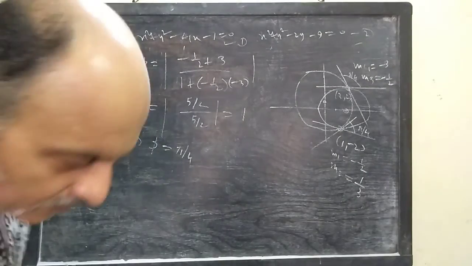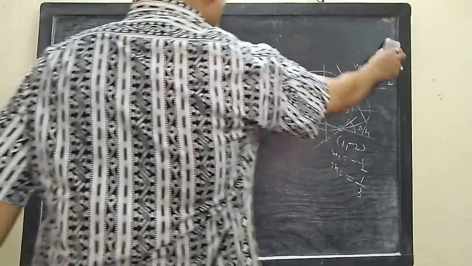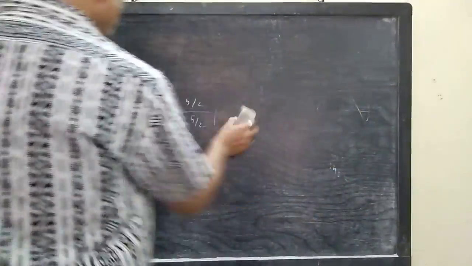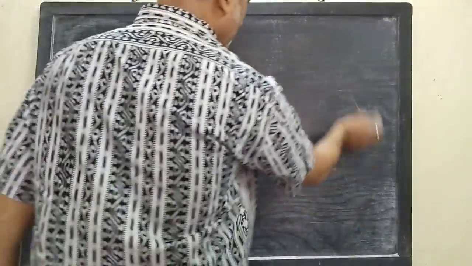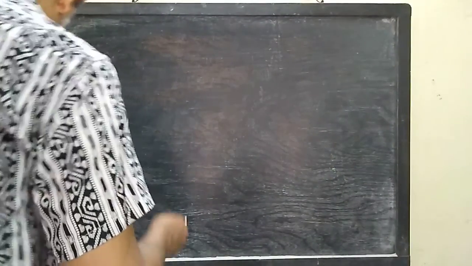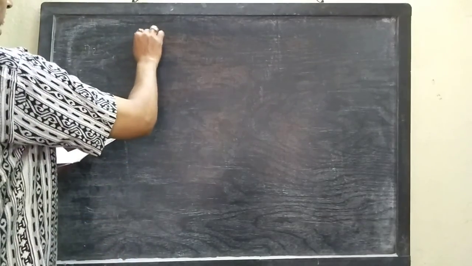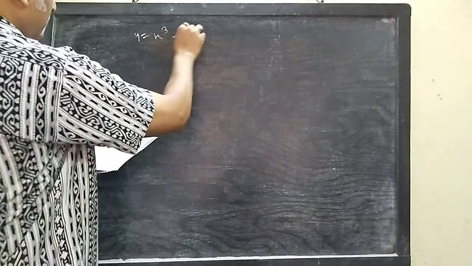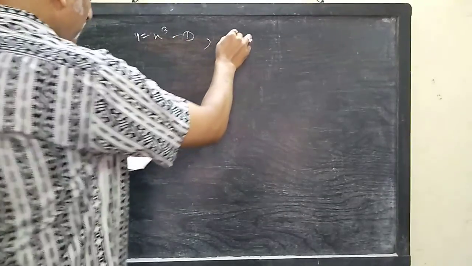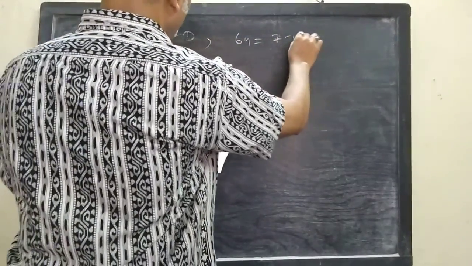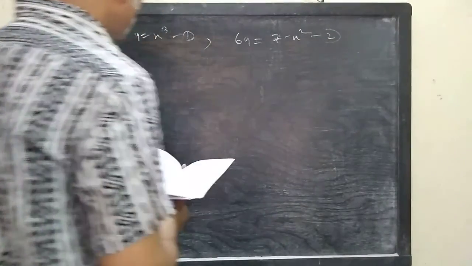Next question: we are given two curves and we have to show the curves intersect orthogonally. That is, the angle between the tangents is pi/2. So we are given the curves y equals x cube, this is number 1, and another one is 6y equals 7 minus x square, this is number 2.